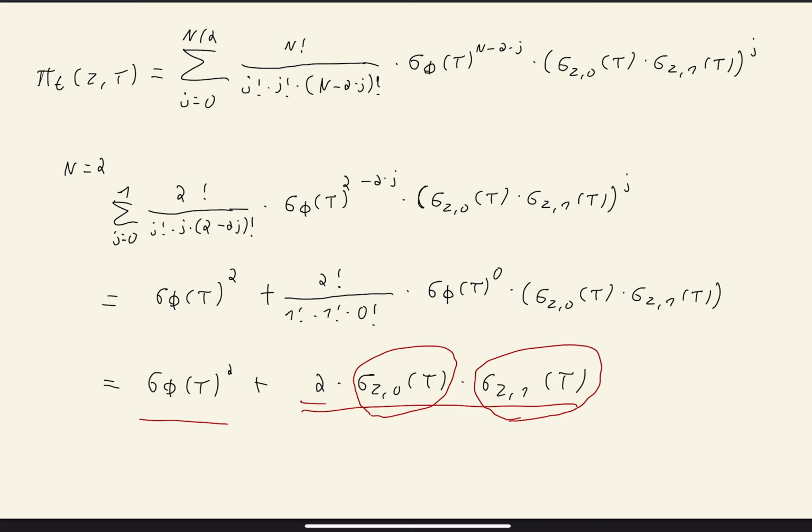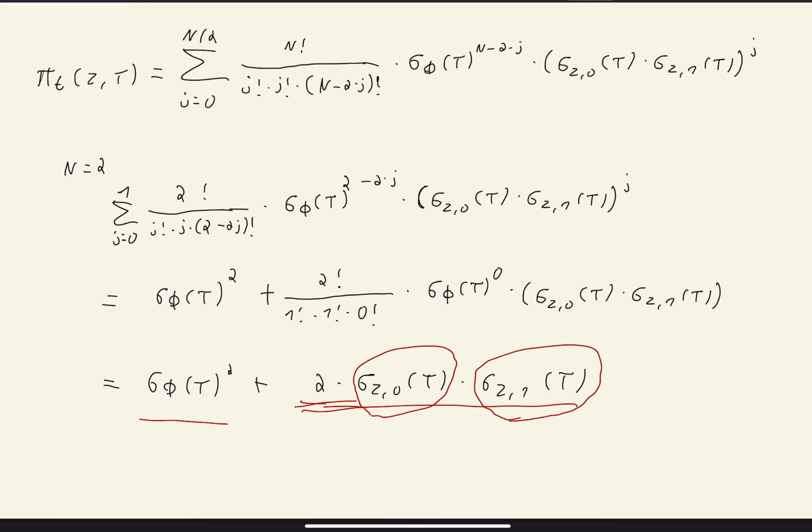And this can happen 2 times because we can interchange the agents. So one time one of them is voting for 0 and the other is voting for 1, and then we switch the roles. This is why we have the 2 here. And this is just to show you how this kind of expression works. It's basically going through all the possible cases where we would have an equal number of votes for the candidates.